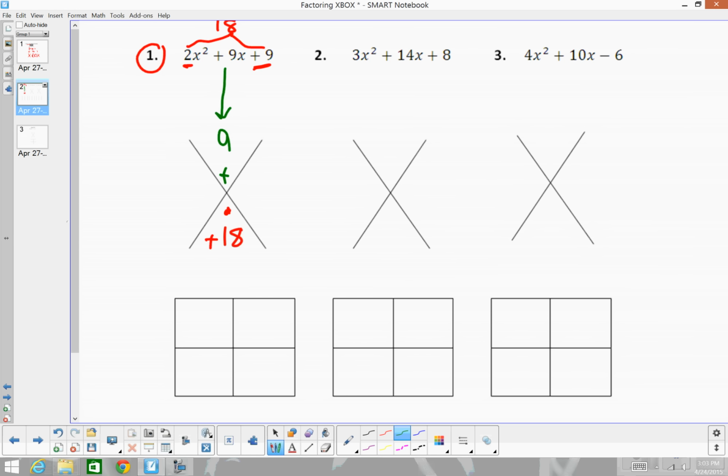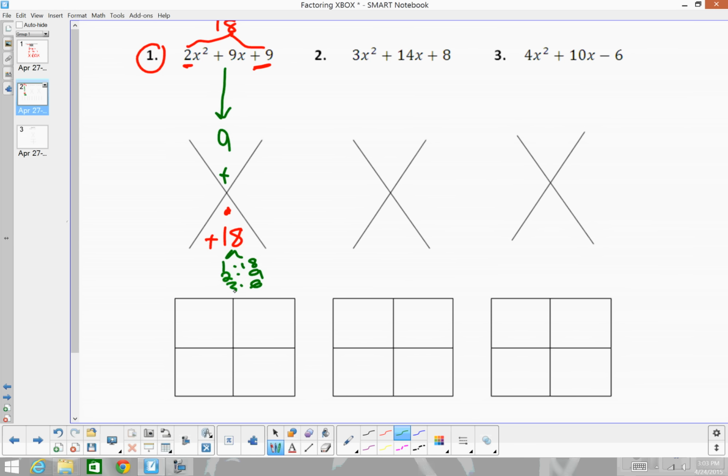All right, good. So now what are two numbers that multiply to 18 but add to 9? Well, let's see. What are the factors of 18? Well, I got 1 times 18, 2 times 9, 3 and 6. All right. Well, how can I create a 9? 1 and 18 can't make a 9. 2 and 9, that makes 11.